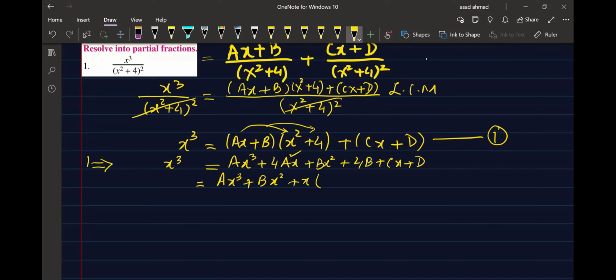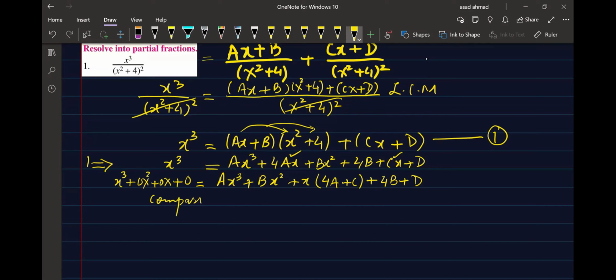One is 4ax, the other one is cx, so we will take x common and have 4a plus c. Finally, we will have constants, that is 4b plus d. On the left hand side we have x raised to power 3, but we don't have any term involving x square or x, so we will write 0 times x square plus 0 times x plus 0.